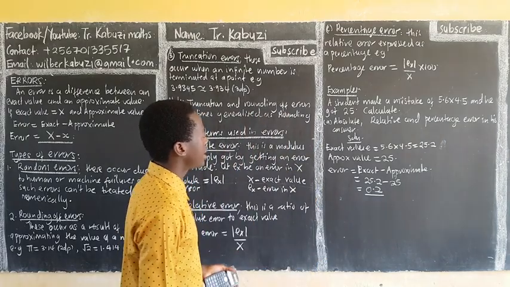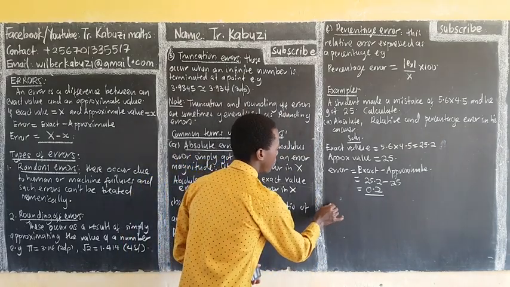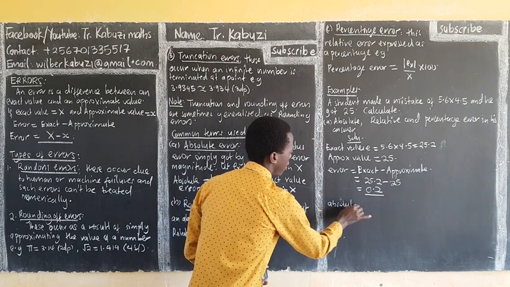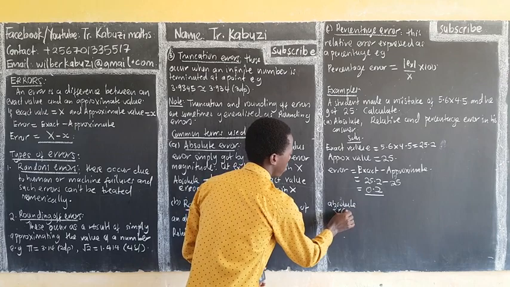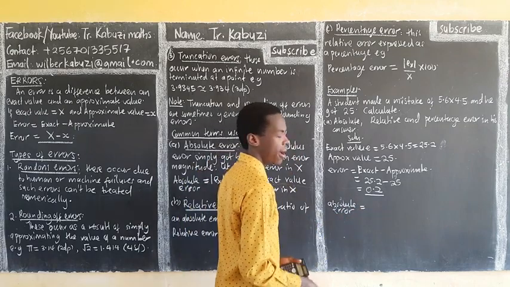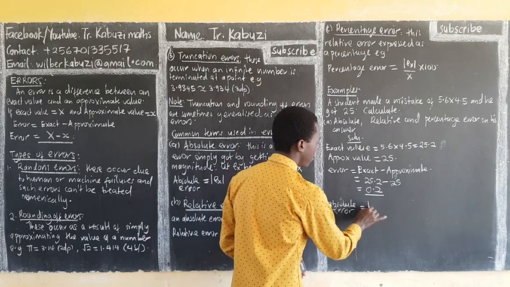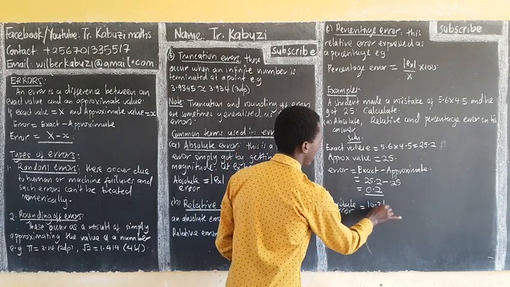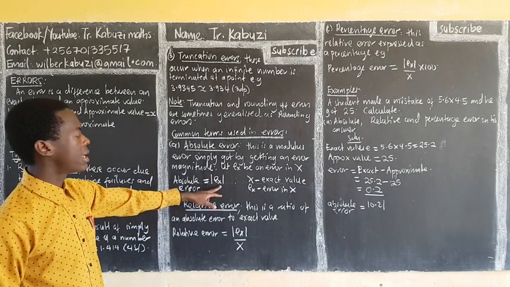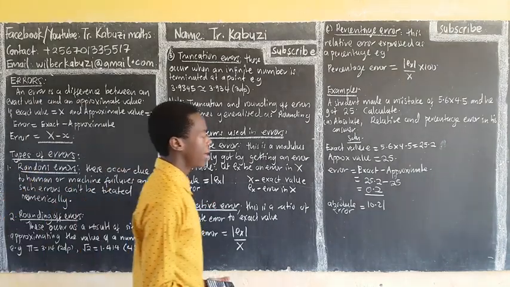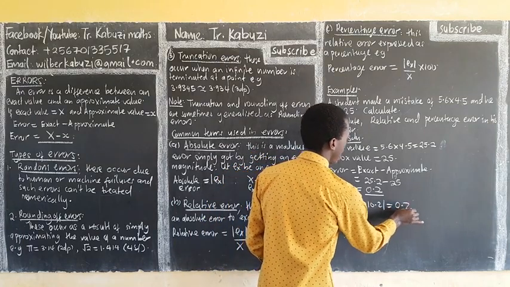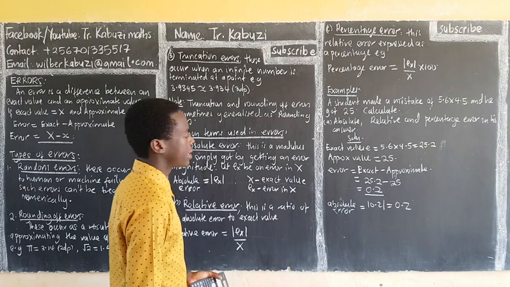Now, to get the absolute error, we take the modulus of the error. You just get the modulus of that error, and it's already positive, which means it stays the same. If it's negative, it will become positive.